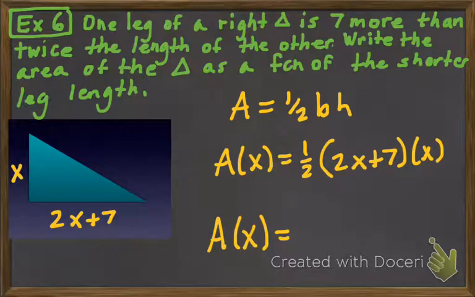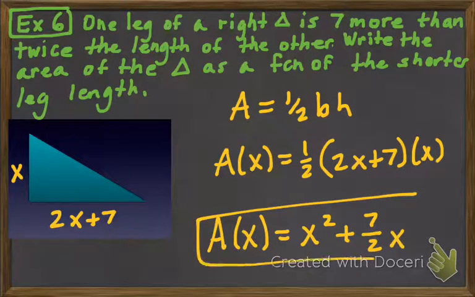In this case, we're basically distributing the 1/2 and the x at the same time. So 1/2 x times 2x would be x squared, and 1/2 x times 7 would be 7/2 x. And that's the answer, with an ugly box around it.